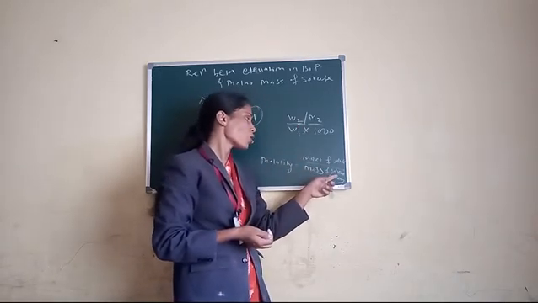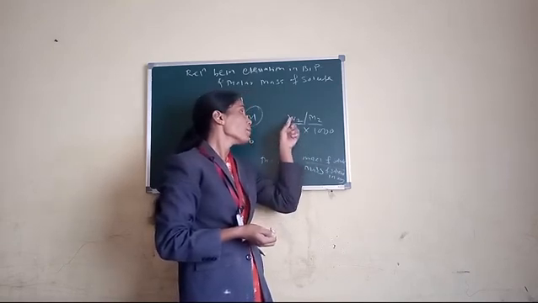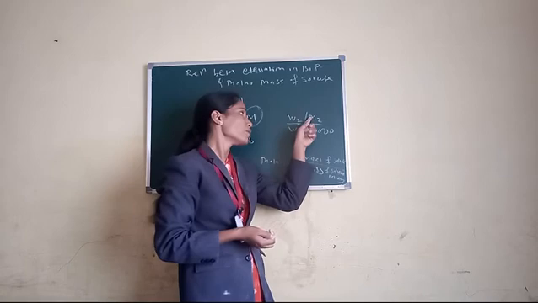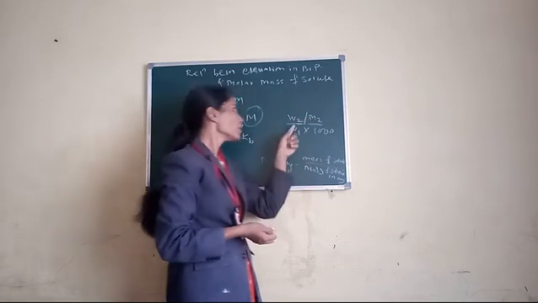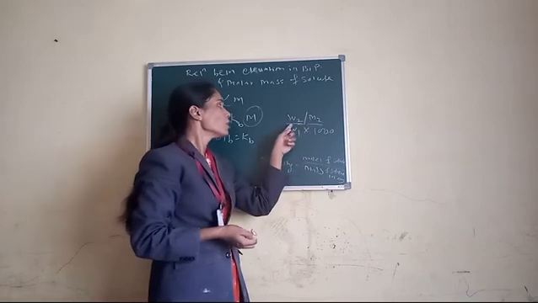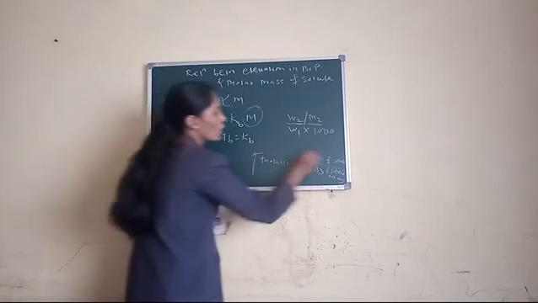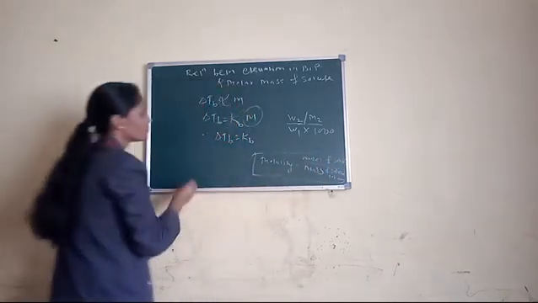Mass is denoted by W, molar mass denoted by M. Here the formula of molality is W2 upon M2 upon W1 into 1000.